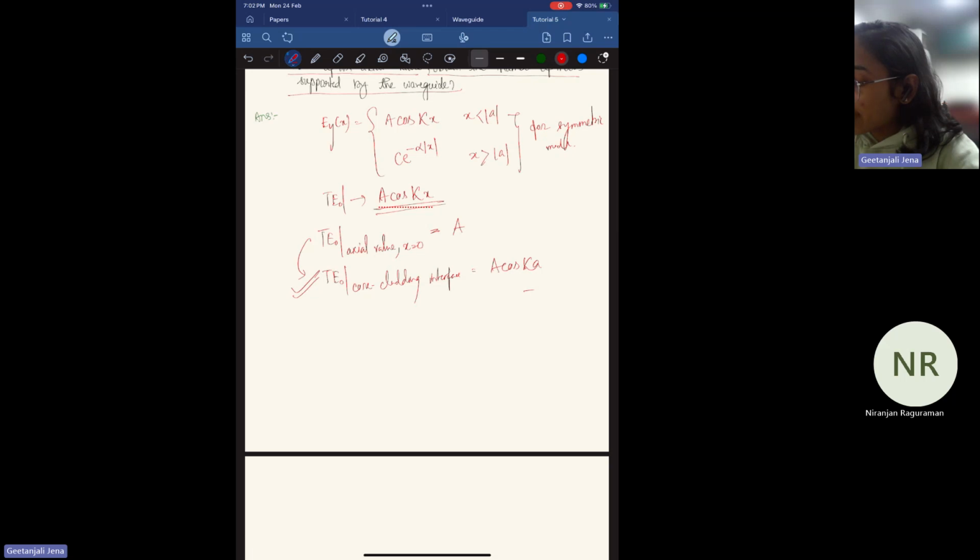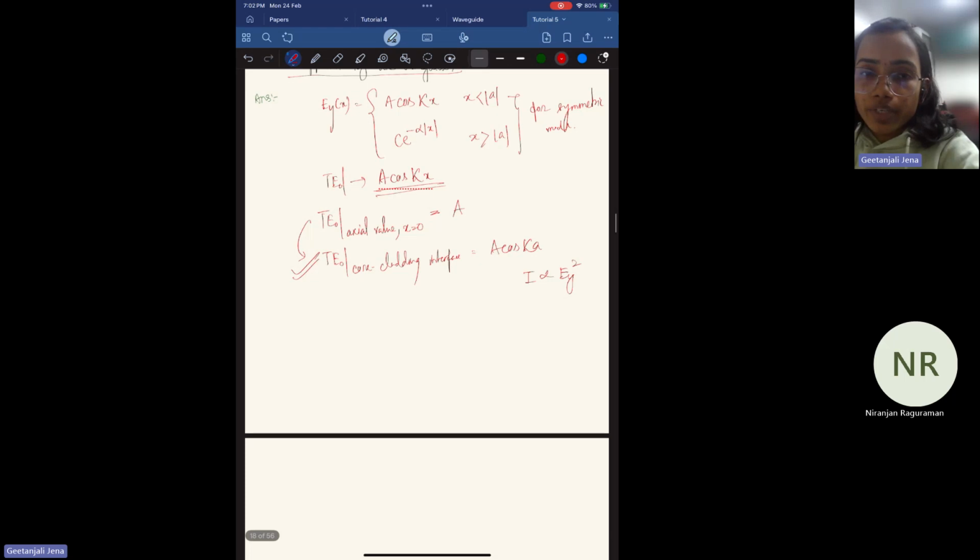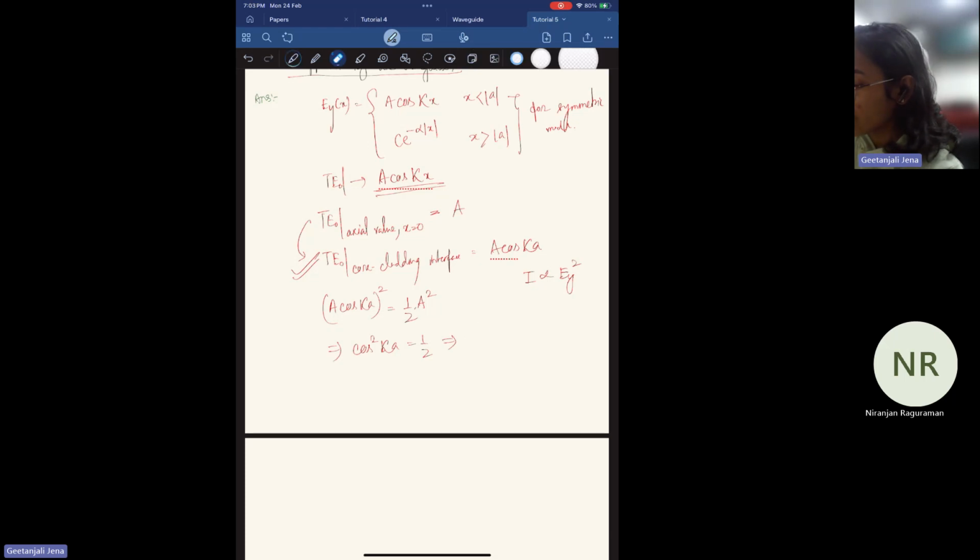So if you recall, intensity is directly proportional to E y square. So instead of comparing the field value, we have to compare the intensity now. So we need to square both sides. So A cos kappa a squared is half of the intensity at the axial value, which is A square. So what we have now is cos square kappa a equals half, that means cos kappa a is 1 by root 2.